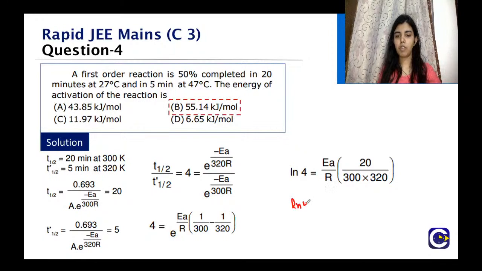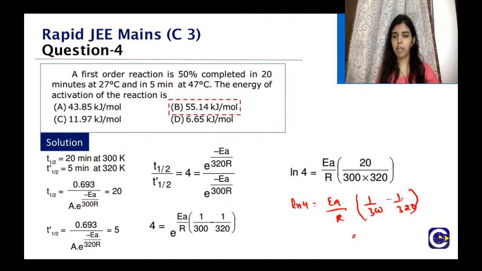Now solve it. You will get 320 minus 300, which is 20, divided by 300 into 320, into activation energy by 8.314, the value of R, will be equal to ln of 4, right?